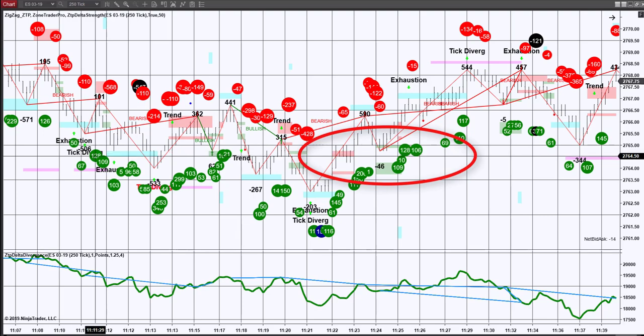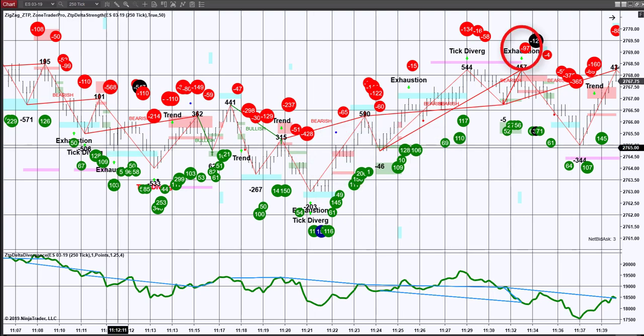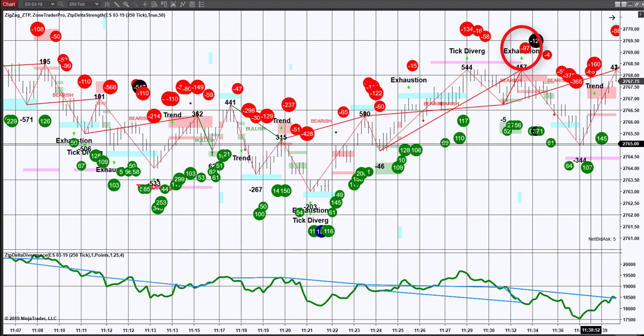That would also give me some idea why the market is going to stop here at 27.65 if I am getting in here at 27.68. So that's basically how we're going to use these two indicators together.